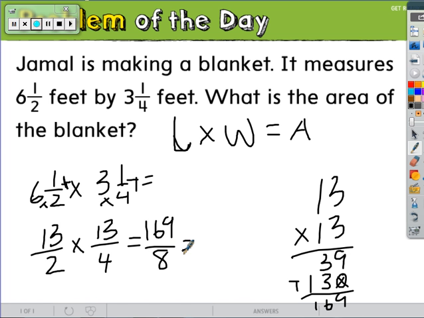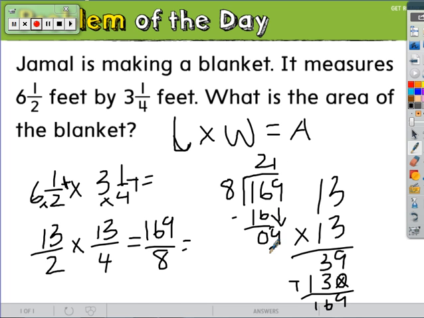Now we have to change it back into a mixed number. So we have 169 over 8, or 169 divided by 8. 8 goes into 16 2 times. Bring down our 9. 8 goes into 9 1 time.